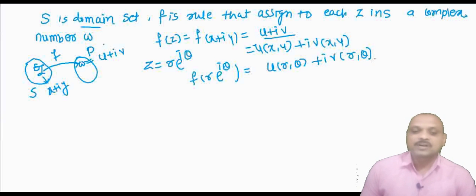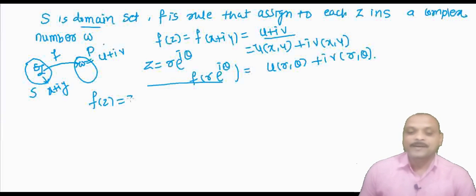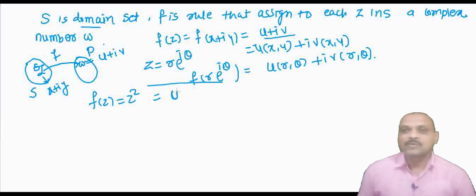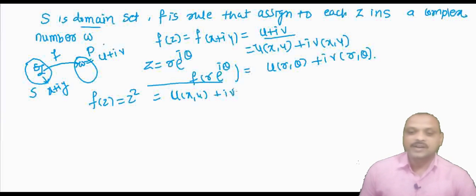For example, my function f of z is equal to z square. Then let us find the values of u and v. So friend, we know that z square is equal to u of x comma y plus i into v of x comma y.